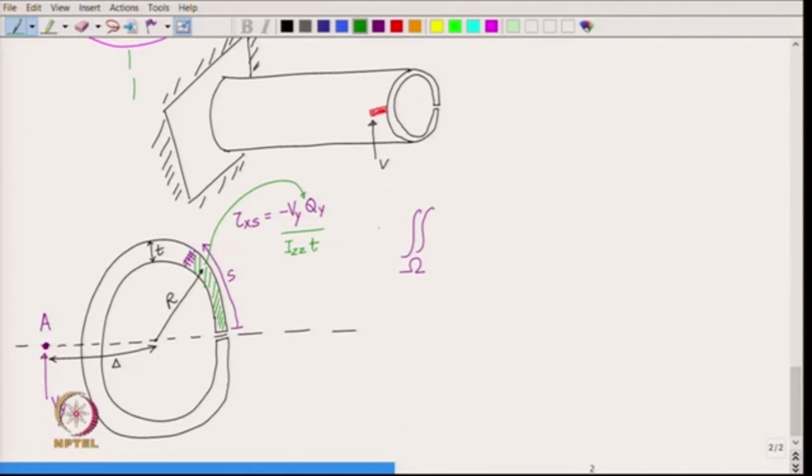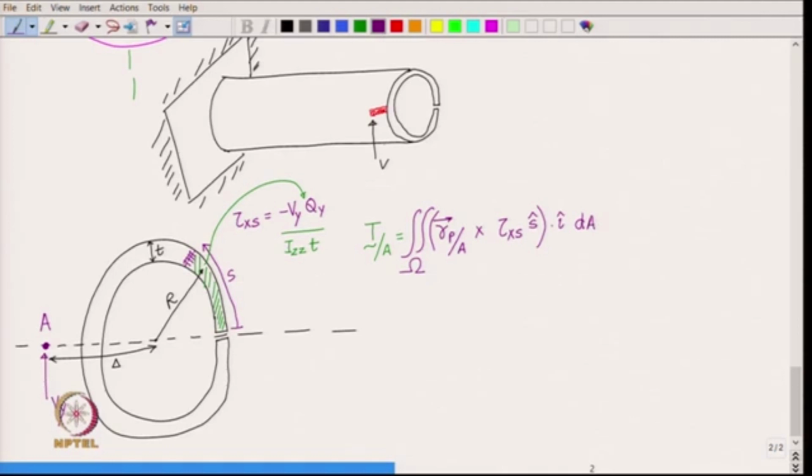And then the torque about the point A. So, that is the integration over the cross section, and we have position vector of any point in the cross section relative to point A cross product tau x s, which acts along the tangent to the cross section, which is s hat, and then we dot this with i and dA.